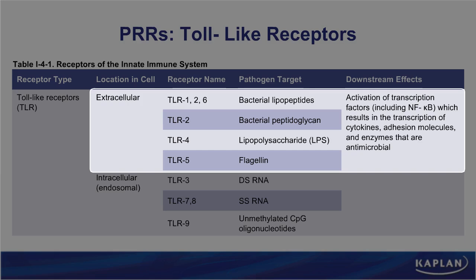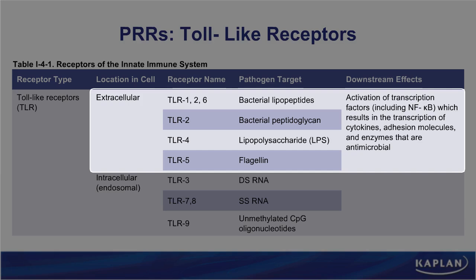And it should make sense that these surface receptors are going to recognize PAMPs on the surface of extracellular microbes, such as peptidoglycan or lipopolysaccharides that are found on the surface of most of our gram-positive and gram-negative bacteria. Now, please note, the LPS is gram-negative. That's a high-yield point, okay?